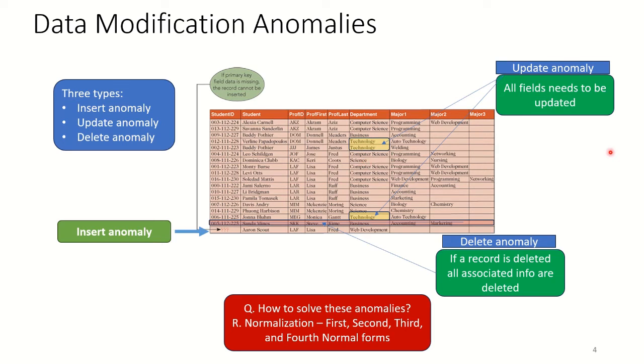So this is complex. And then the delete anomaly is the unintended loss of data due to deletion of other data.